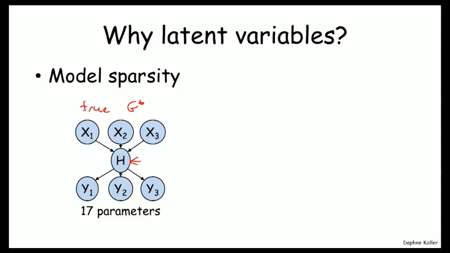If all variables are binary, then this is a network that can be parameterized with 17 independent parameters. But now let's imagine that I've decided that H is latent, and I'm just going to learn a network over the observable variables, which are the X's and the Y's. So what is the network that correctly captures the structure of the distribution P over X1, X2, X3, Y1, Y2, and Y3?